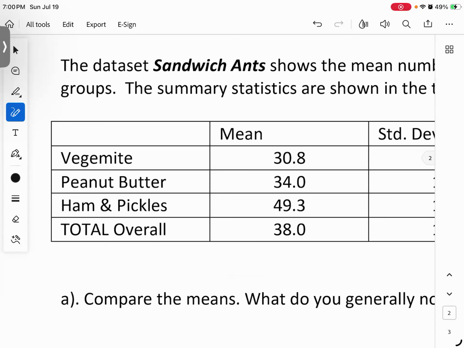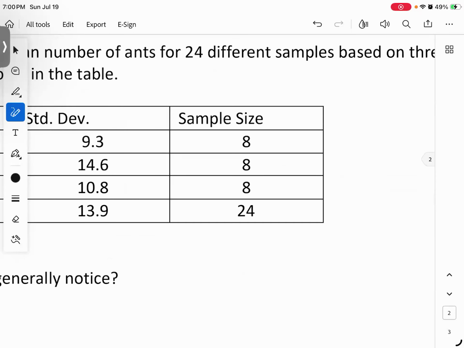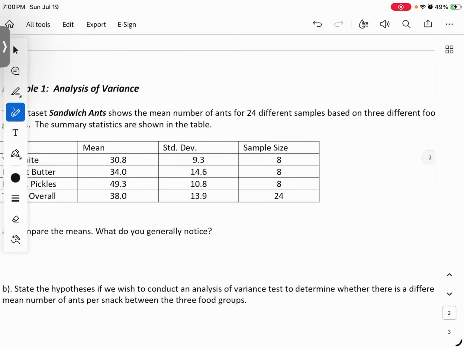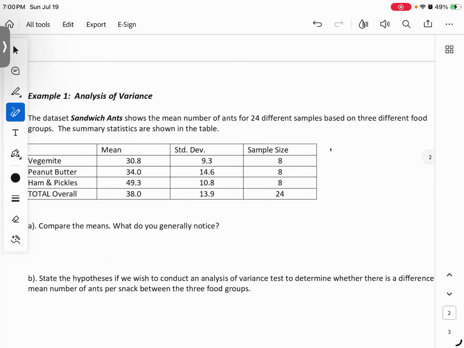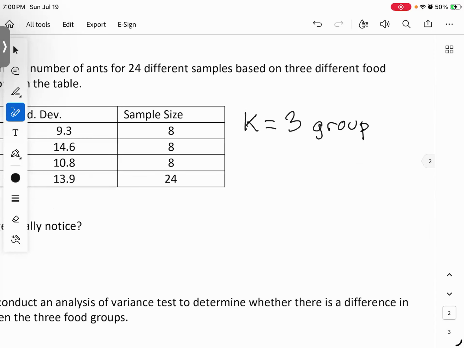They had Vegemite, peanut butter, ham and pickles, and you can see that they did it 24 times, eight for each of the groups. So a couple of things that we want to note here: K is equal to three groups of types of food, and N is the 24 total sample size when they put everybody together.